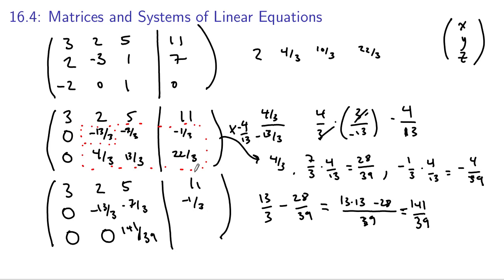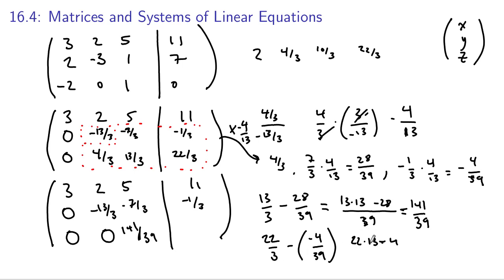And then here we have 22 thirds minus negative 4 39ths. It's going to be plus. We need to multiply by 13 to get this to be 39ths.